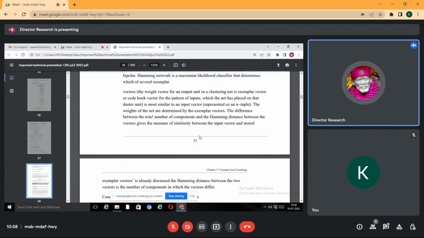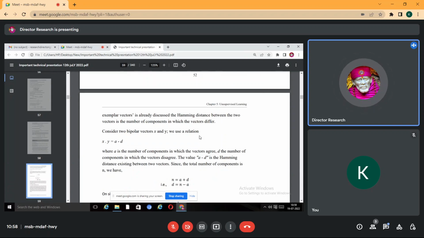The weight vector for an output unit in a clustering net is an exemplar vector or a code book vector for the pattern of inputs which the net has placed on the cluster unit, most similar to the input vector represented as an n-tuple. The weights of the net are determined by the exemplar vectors. The difference between the number of components and the Hamming distance between the vectors gives the measure of similarity between the input vector and stored exemplar vectors.